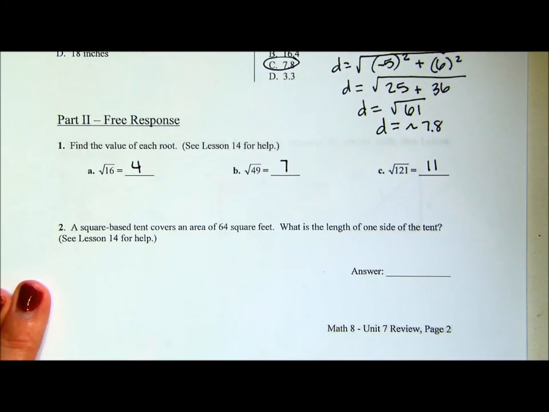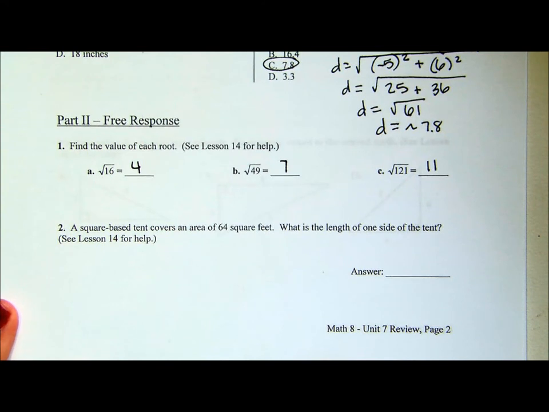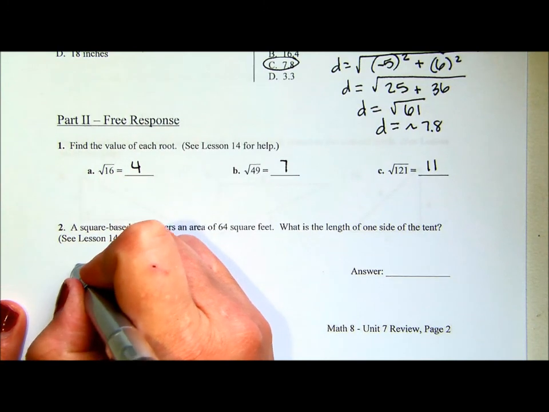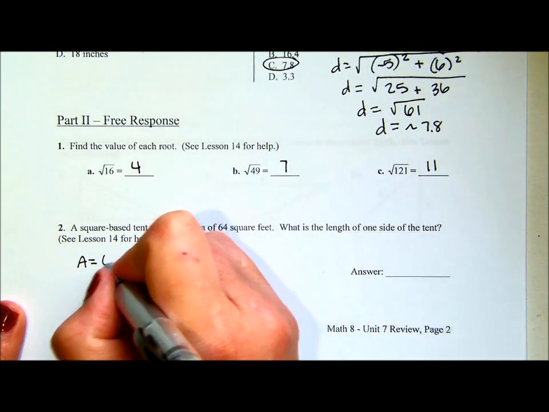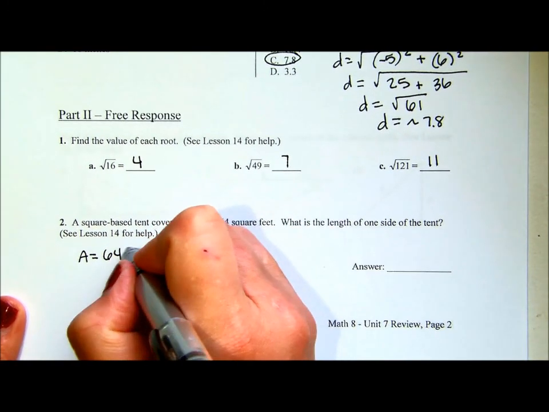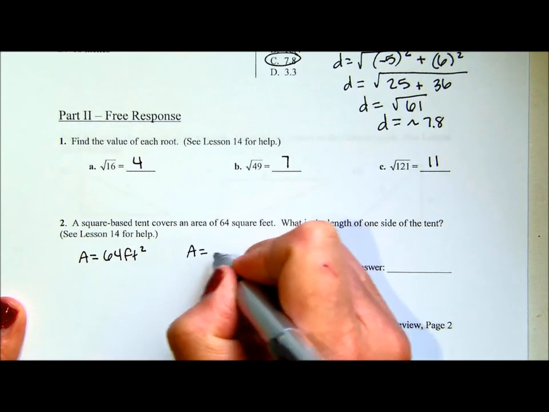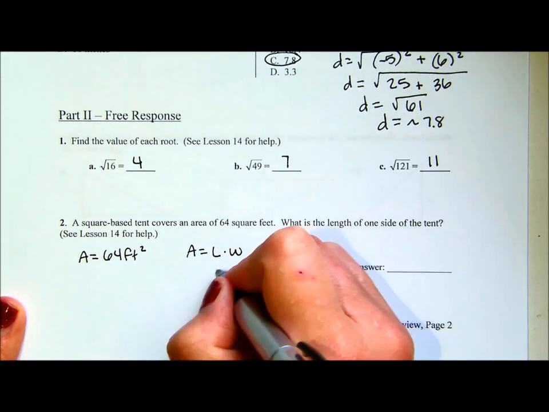Next, number 2. A square base tent covers an area of 64 square feet. What is the length of one side of the tent? Now this problem is very similar to problem 2 in the multiple choice. So I'm going to go, our area is equal to 64 square feet. Area is equal to length times width. We don't know what our length is.